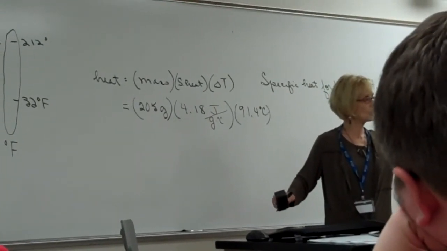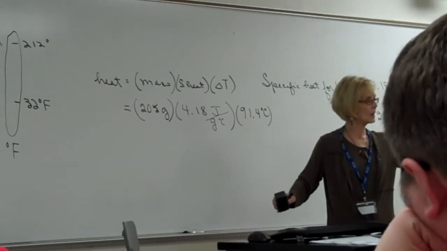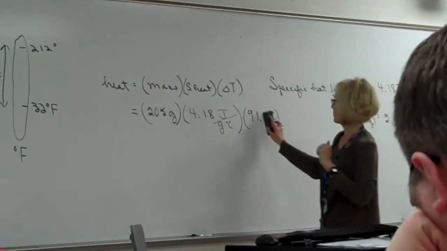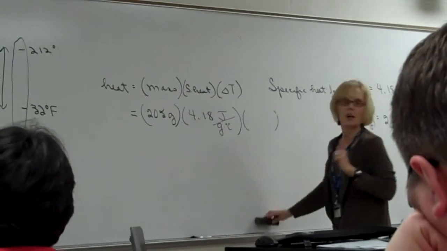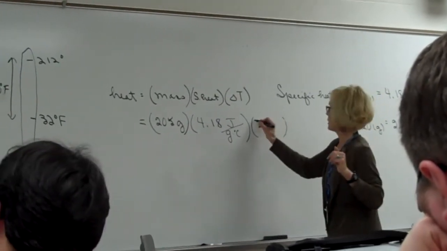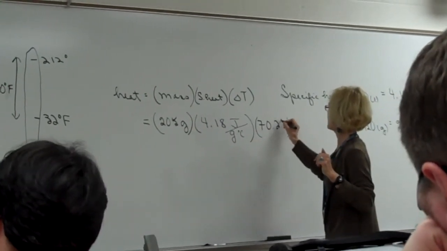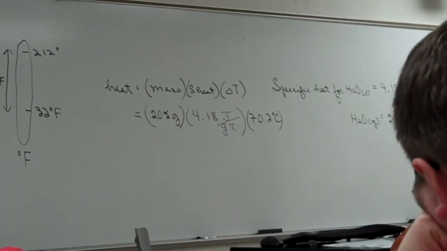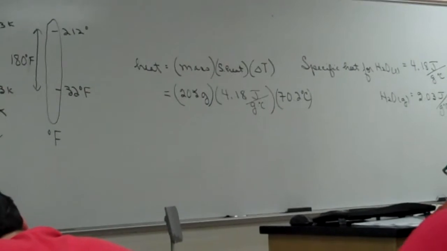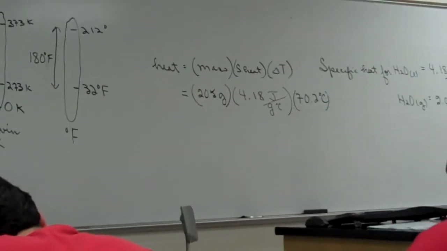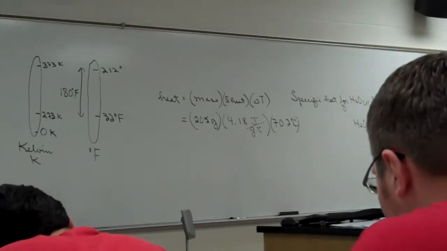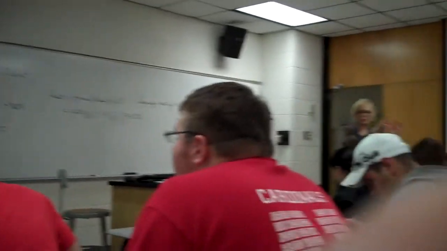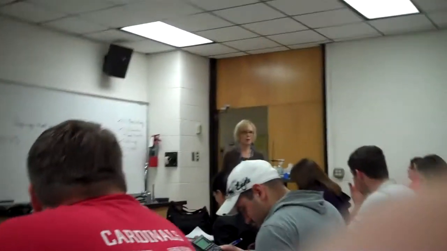So what would you have to do to get that? Tanya? Subtract the 21.2 from the 91.4. And you got 70.2. You see what she did, Timothy? Delta means change in the temperature, not the temperature, the change. I think it's mathematically simpler to do that separately, find the change, and then slap it in there.